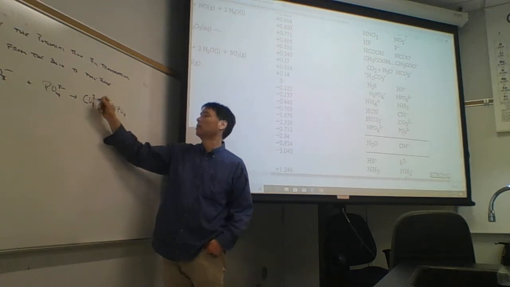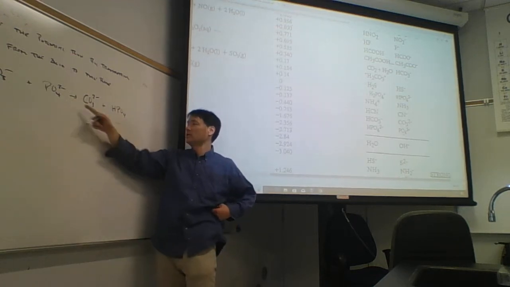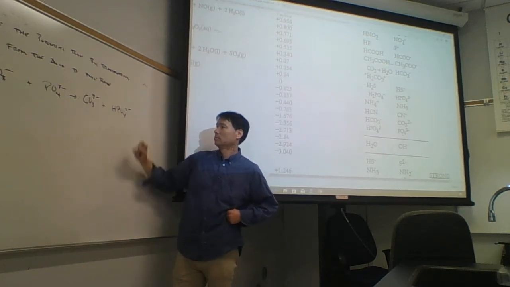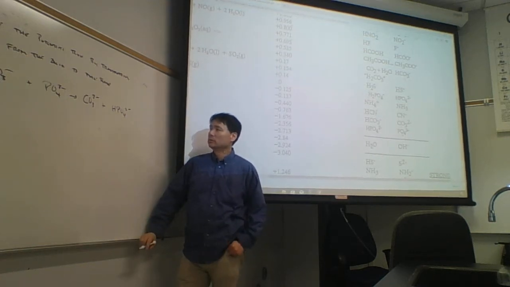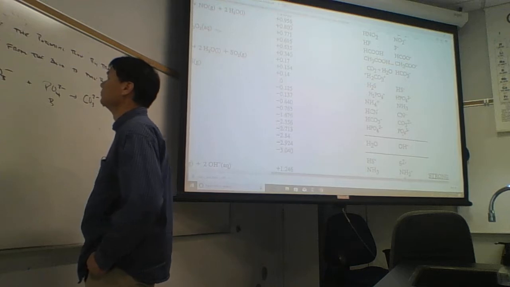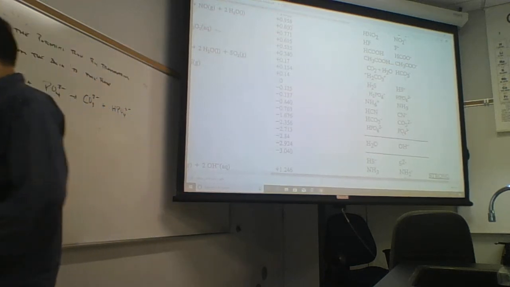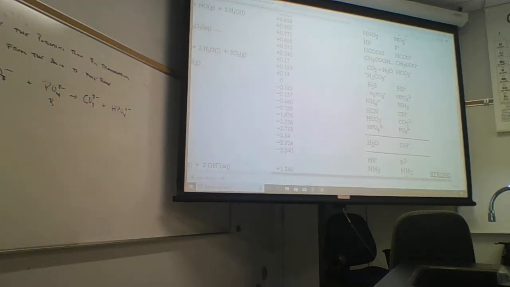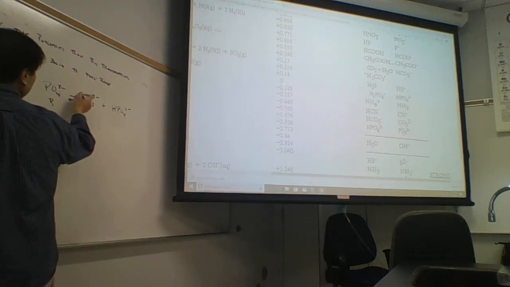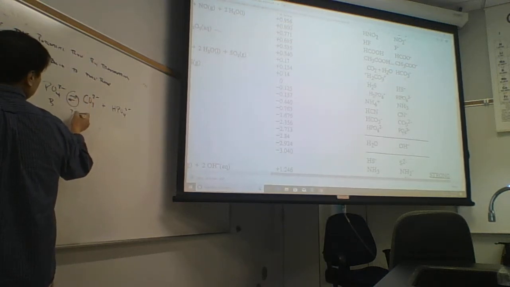And if phosphate gains an H plus, what's its new charge? Okay. And so here we have the acid and the base. We don't know which way this reaction is going to go. So I'm going to put a little question mark here.